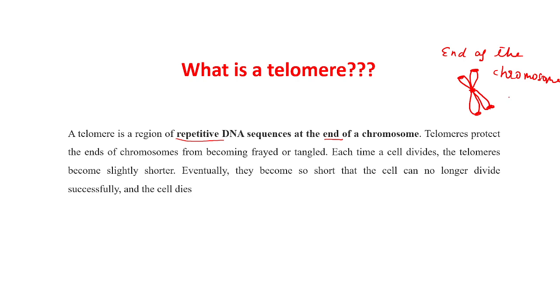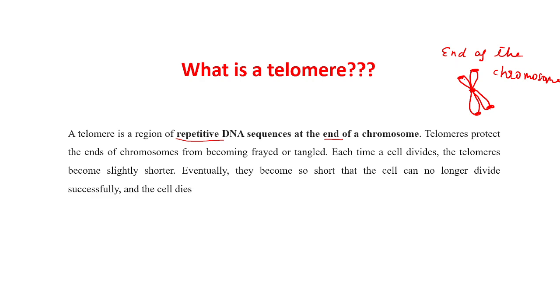Telomeres are present at the end of the chromosomes. And each round of successive replication makes the telomeres even shorter in length. So basically what happens when your replication happens, the telomeres with each round of cell division become even shorter and shorter. And it in a way protects the genetic material from getting lost.